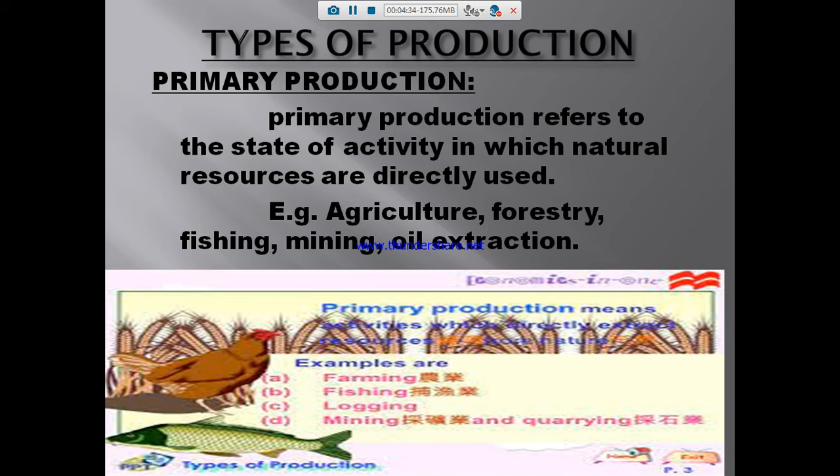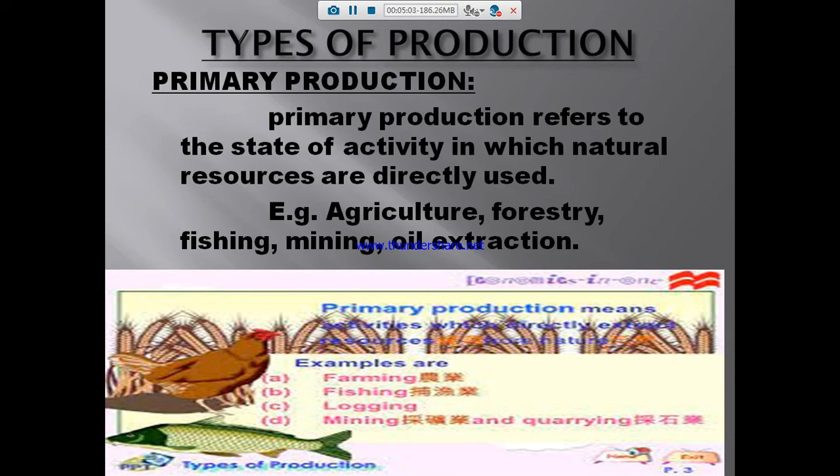Vegetables, rice, fruits, everything comes under agriculture. Example, forestry: cutting trees, wood, everything we make directly from forestry. Fishing, mining, oil extraction. These are resources we get naturally from the earth. That is called primary production.